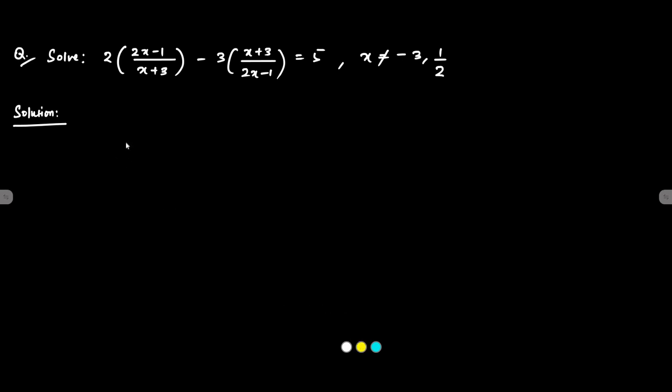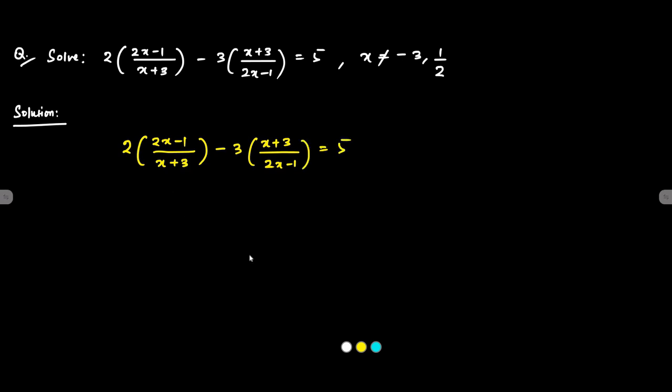So we have 2 into 2x minus 1 by x plus 3 minus 3 into x plus 3 by 2x minus 1, that is equal to 5.